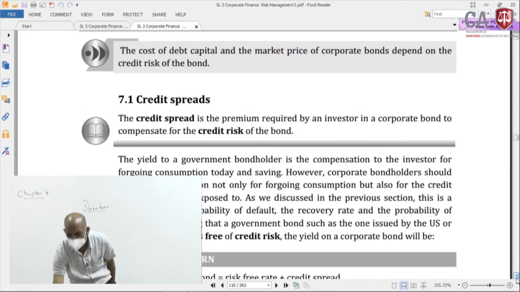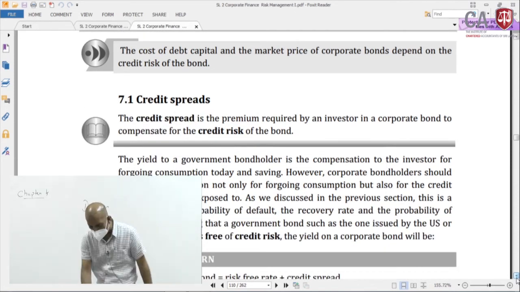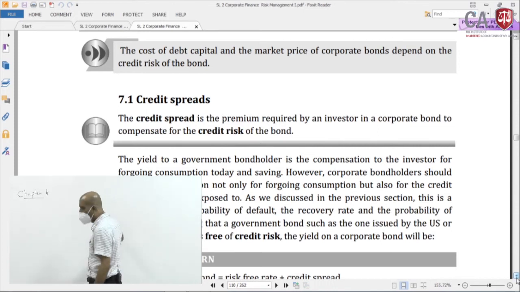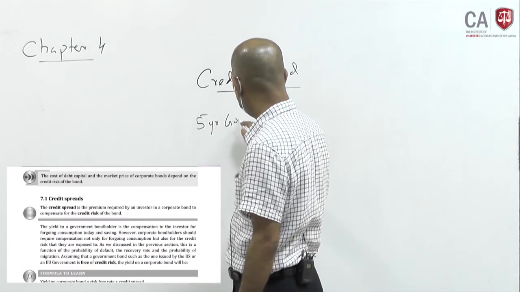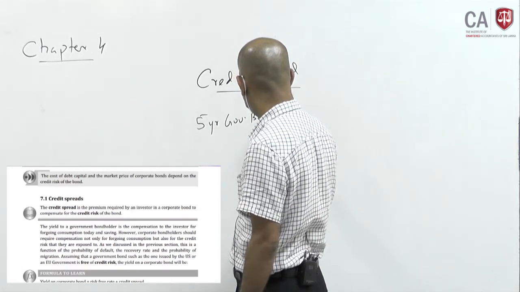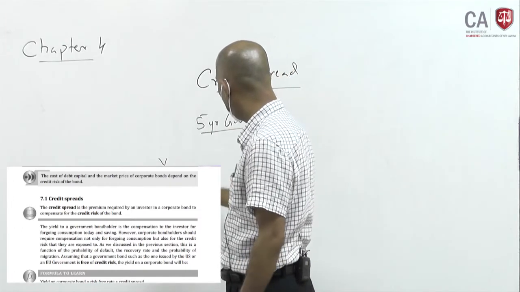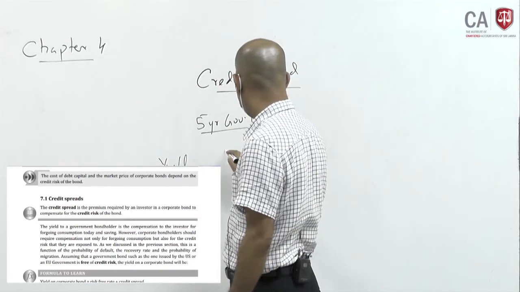Then there is something called credit spread. It's a terminology, credit spread. So what is credit spread? For example, say a 5-year government bond has a yield of, say, 7%.